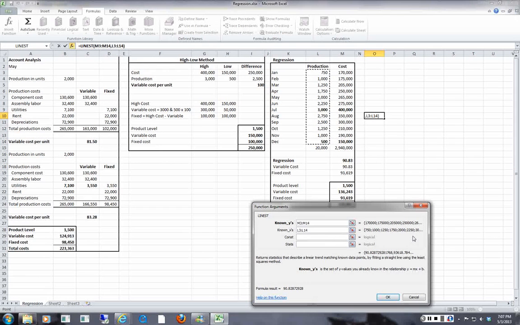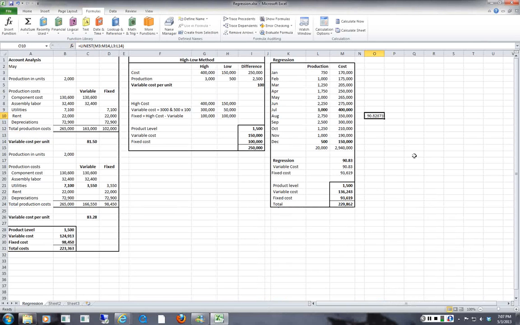There's a bunch of decimals after that, but it's $90.83. Then if you look over, past the comma, you can see that the fixed cost is $93,619. So using the regression analysis, we come up with $90.83 variable and $93,619 fixed. And this is quite accurate.